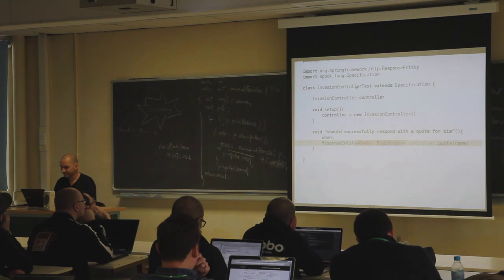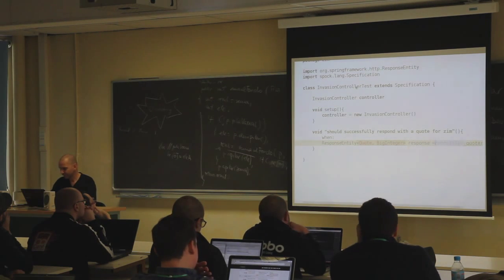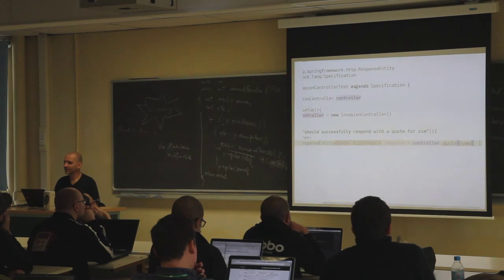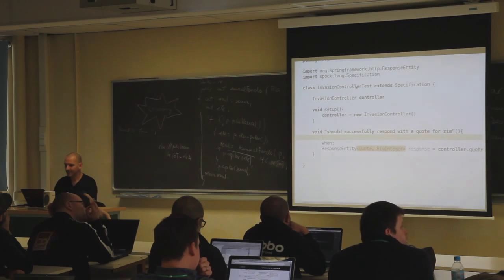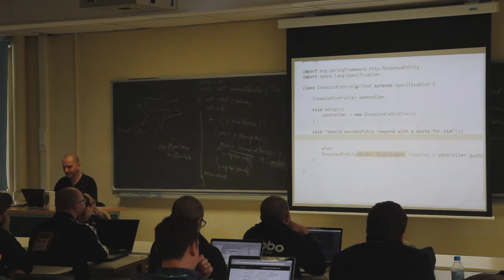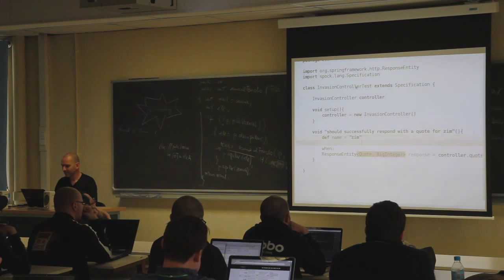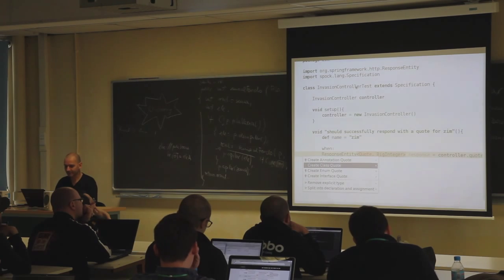Obviously, half these things we don't have. We don't have a name yet, so let's create a name variable: def name is Zim. We don't have a quote entity yet, so let's create that.